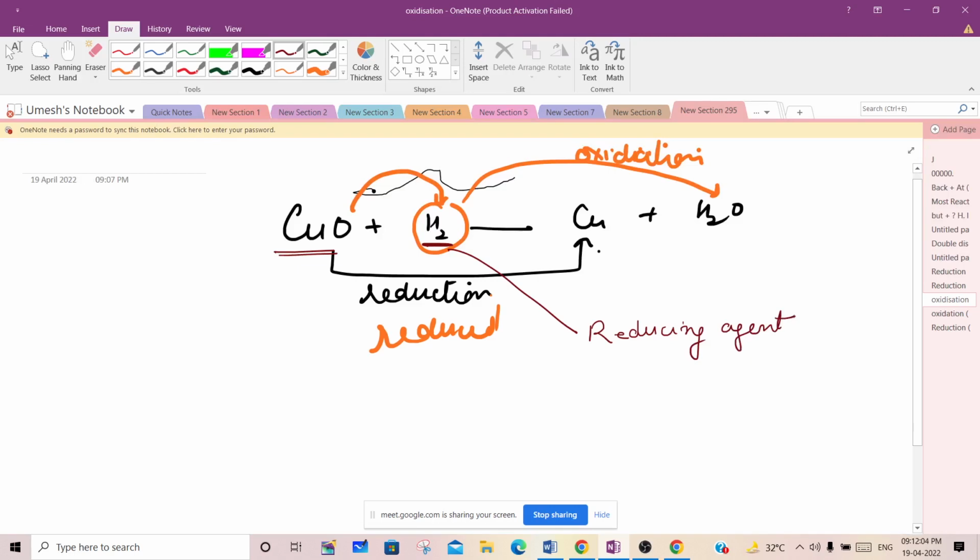Here hydrogen is the substance which is snatching, removing oxygen from copper oxide. So I say hydrogen is a reducing agent. Is that clear? And copper oxide is giving oxygen for the oxidation. It means the copper oxide is an oxidizing agent. I hope it's very clear.